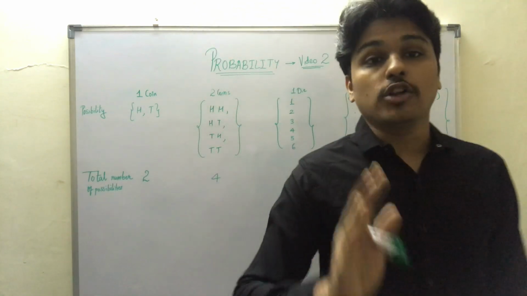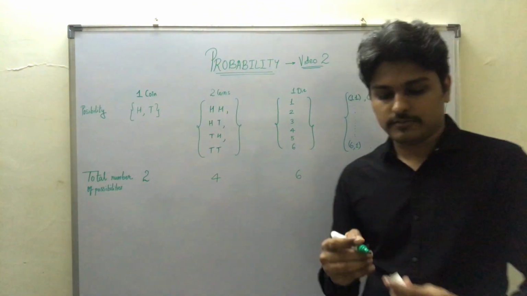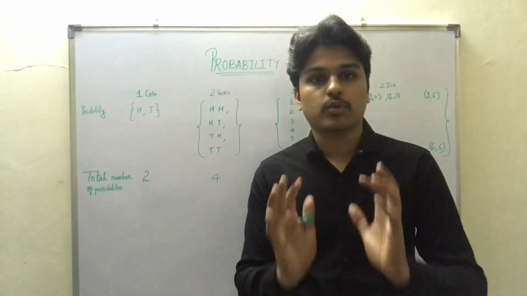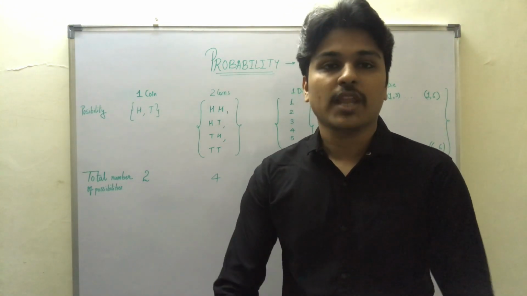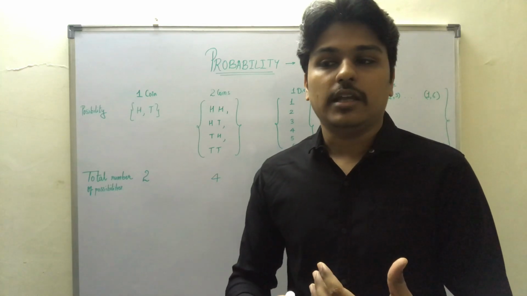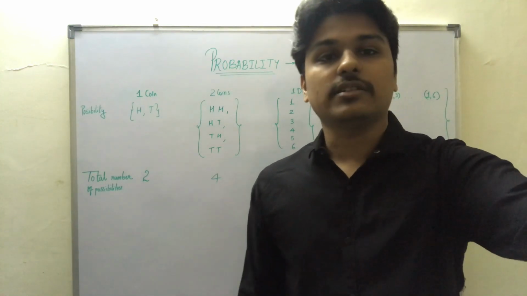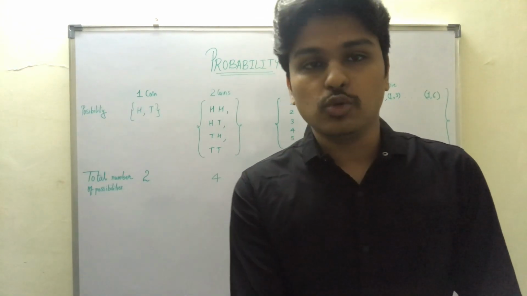The possibilities also lie in the case of cards. Now I told you all the games that you normally play would have probability in place. So whenever you have a playing card deck, you will have to consider 52 cards.